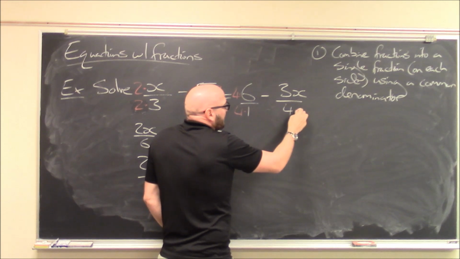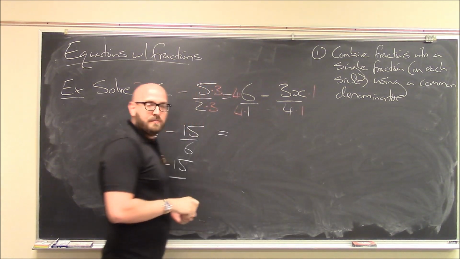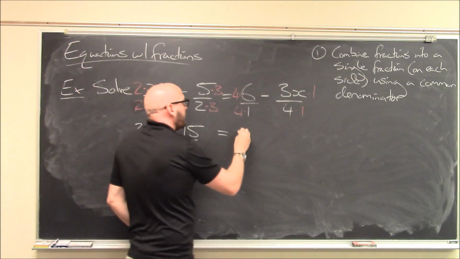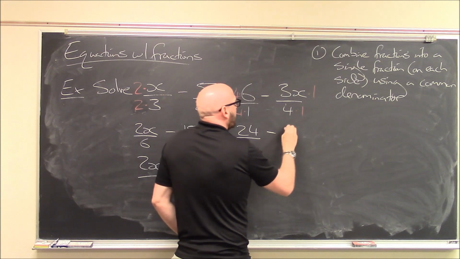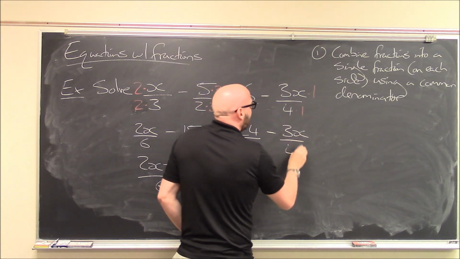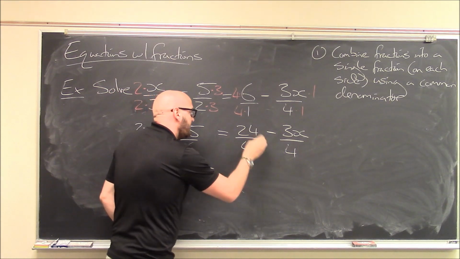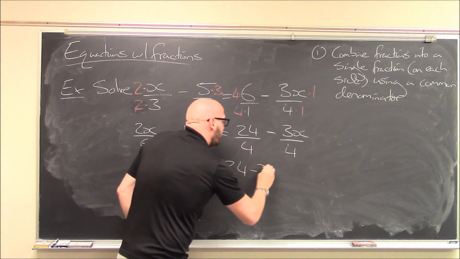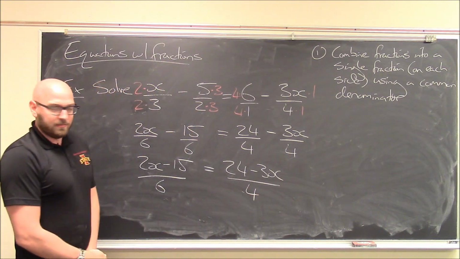And over here, I would never really write this, but multiply this by 1 on top and bottom, right? So now they're both over 4. I've got 4 times 6 is 24 over 4 minus 3x over 4. And if I combine these into a single fraction, which I'm allowed to do now, I've got 24 minus 3x over 4.